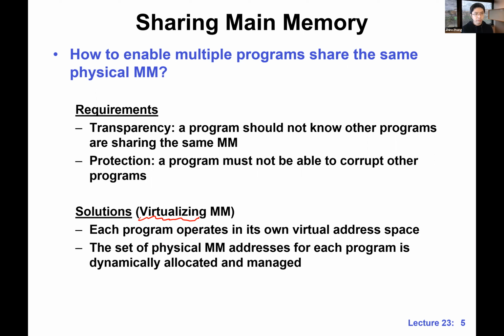Then using virtual memory, the illusion that we want to create for the program is that it has access to an entire memory space, and this time it's virtual. Basically, the program has its own kingdom, which is not going to be shared with any other programs. But this is an illusion.